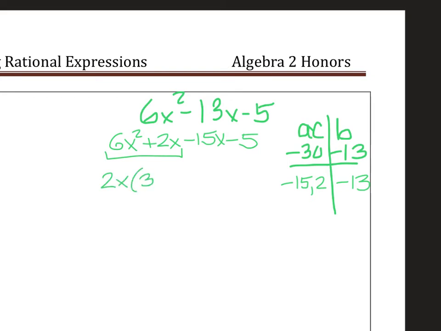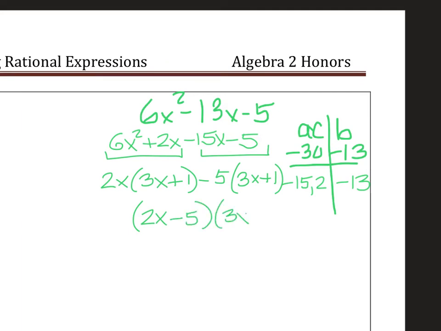I end up with 3x plus 1 remaining. And I'm going to take out a negative 5 out of the second two terms. And I end up with 3x plus 1 remaining. And therefore, I can rewrite this quadratic as 2x minus 5 times 3x plus 1.